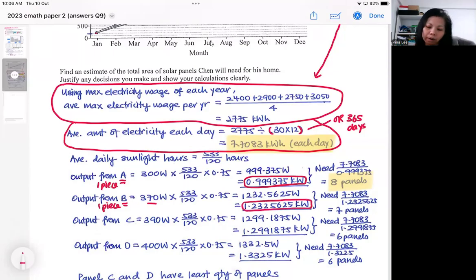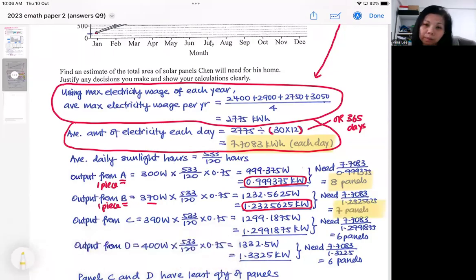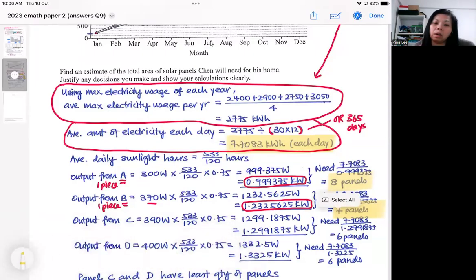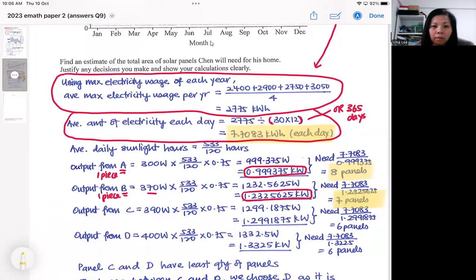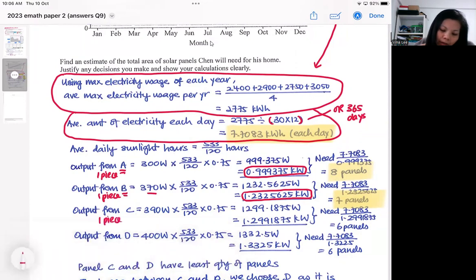So because it provides more energy, I do not need so many pieces. I just need 7 pieces for the need. So this one is the daily electricity that you need divided by whatever the solar panel can give you. So I continue to do the same thing for C and D. You will realize that C and D, because they got a higher output, every piece is going to generate more power.